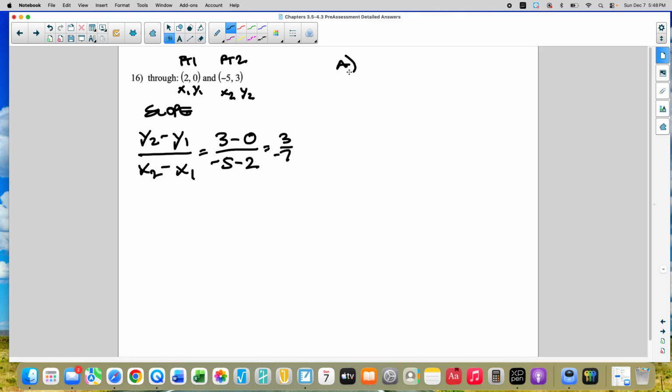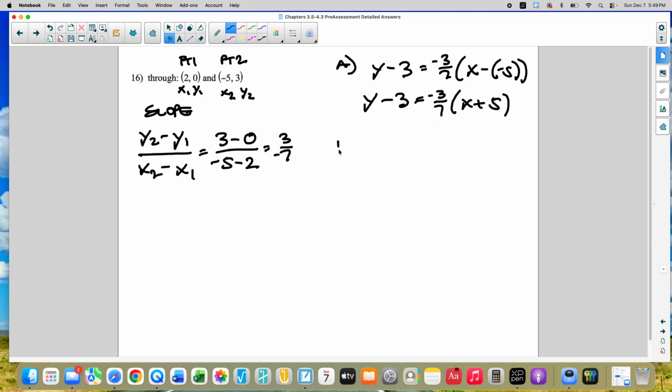And now point slope. So we'll pick one of the points. I'm going to pick point 2. So y minus 3 equals negative 3/7 times the quantity x minus negative 5, leaving me with y minus 3 equals negative 3/7 times the quantity x plus 5. Slope intercept. This is not the y-intercept.